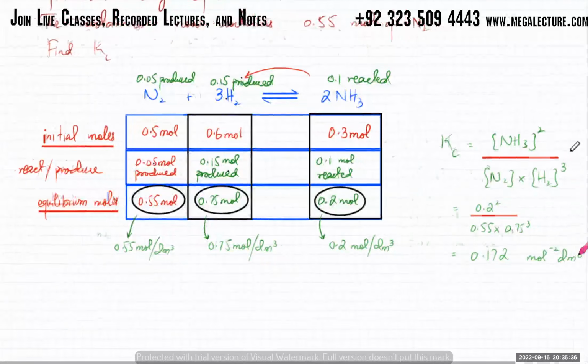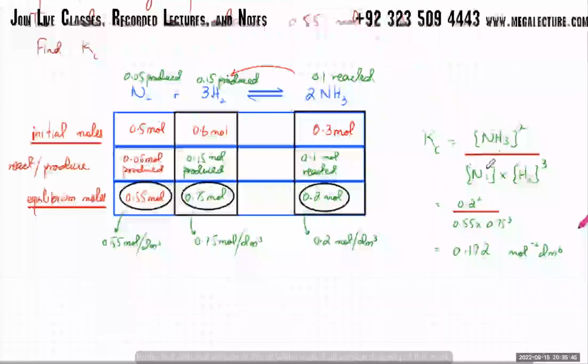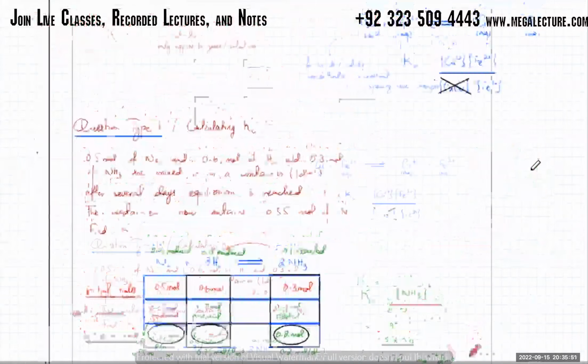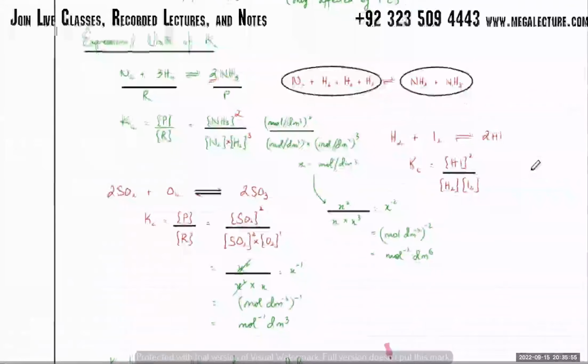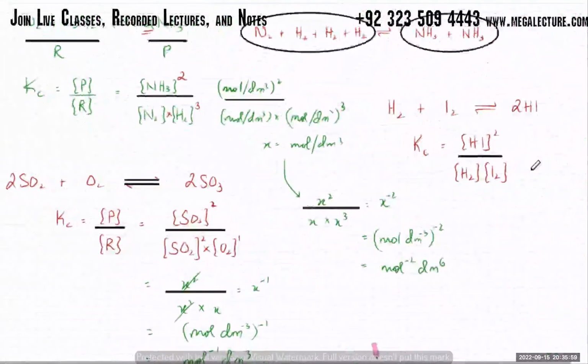We did actually calculate the unit earlier as well. So that's going to be my unit: mole minus 2 dm6. Concentration squared divided by concentration multiplied by concentration cubed. We did calculate the unit for Kc for NH3.